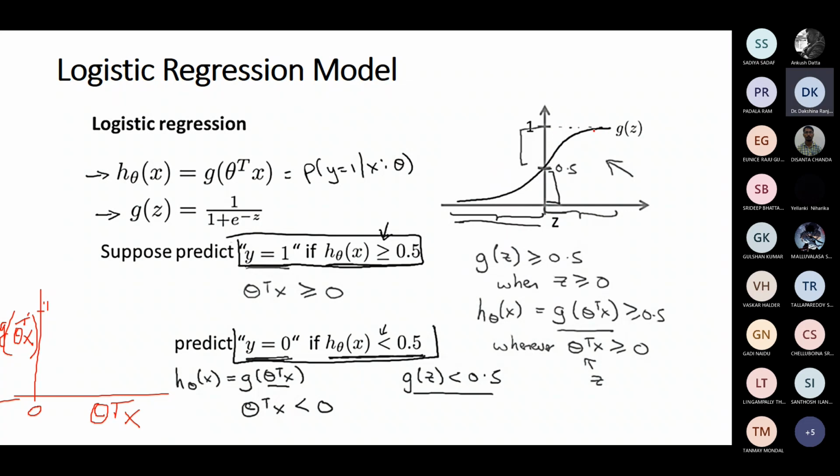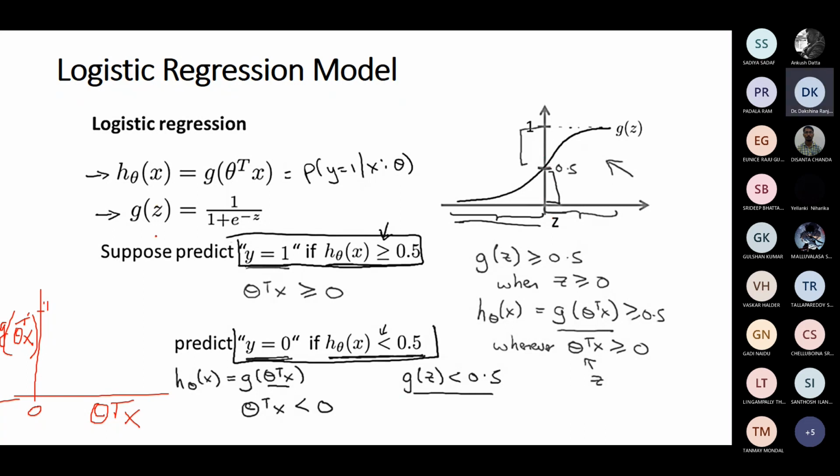This is a logistic function or sigmoid function, and one of the properties of the logistic function or sigmoid function is that the value of the hypothesis, which represents the logistic regression model, can fall between 0 and 1.